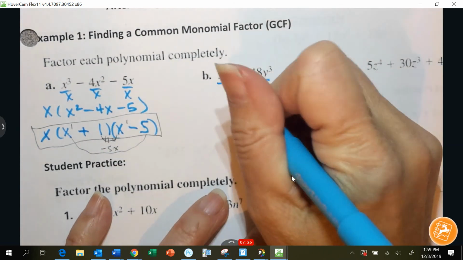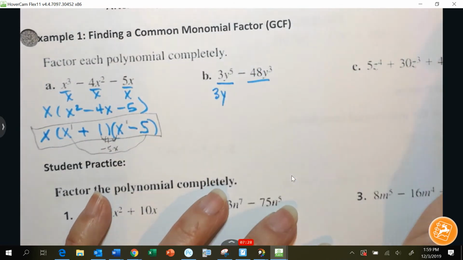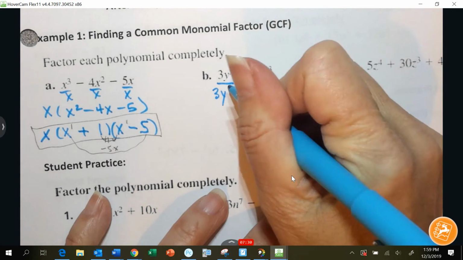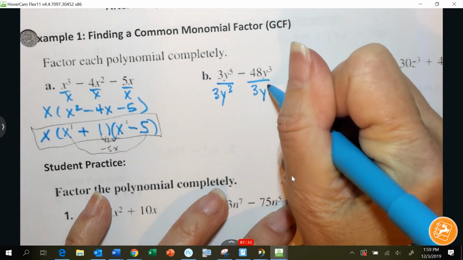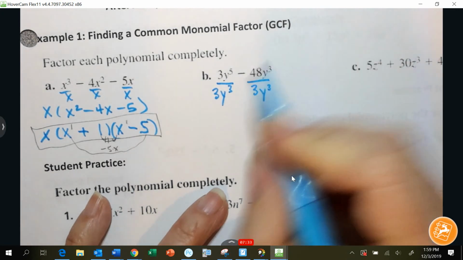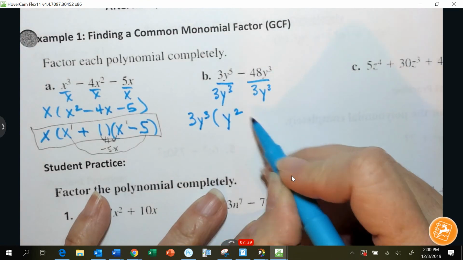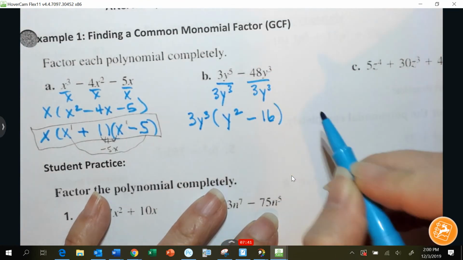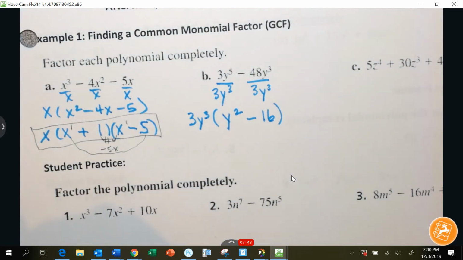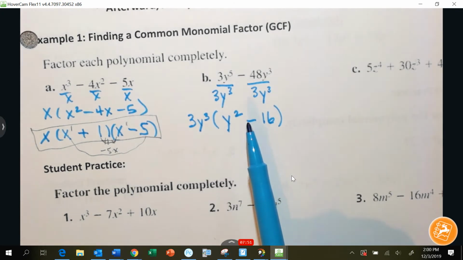Okay, the GCF is 3y to the third. So I got 3y to the third, and I get y squared minus 16. And we say, is this y squared minus 16 to the first power? No. Well, perhaps it can be factored further.